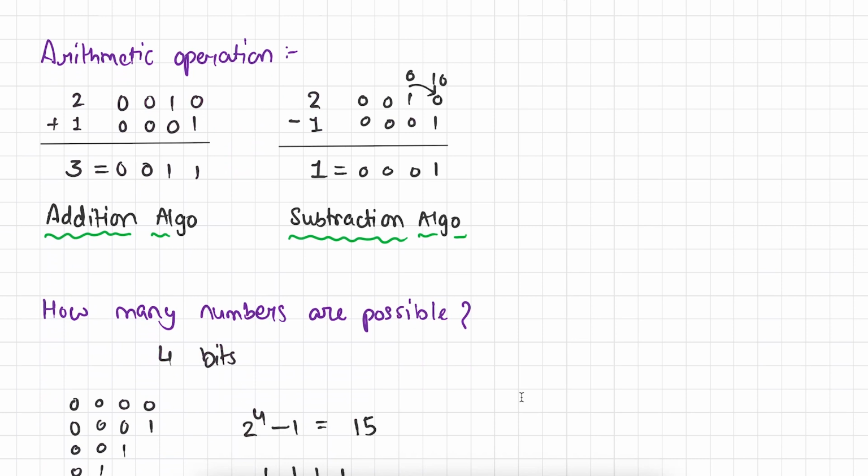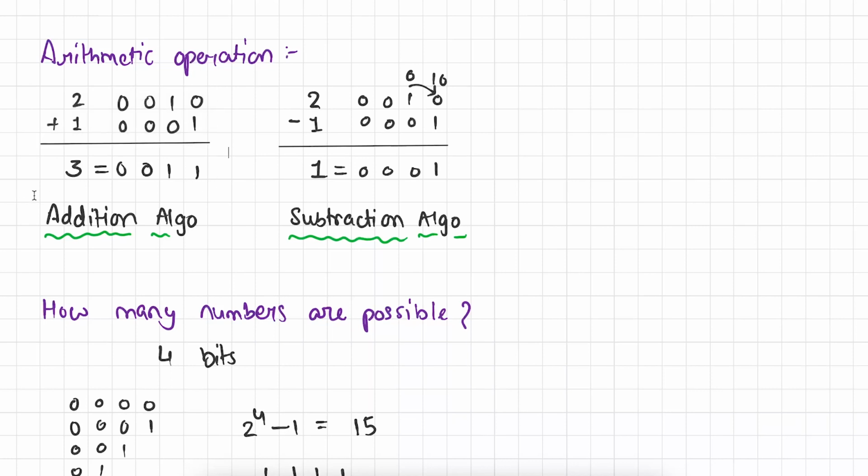Now think about your computer doing a lot of computation. Whatever operations you are performing, internally it is doing some kind of operations, and those operations are nothing but arithmetic operations. So if we have positive numbers only, how do we perform arithmetic operations? Let's say I want to add 1 plus 2. How do we do it?